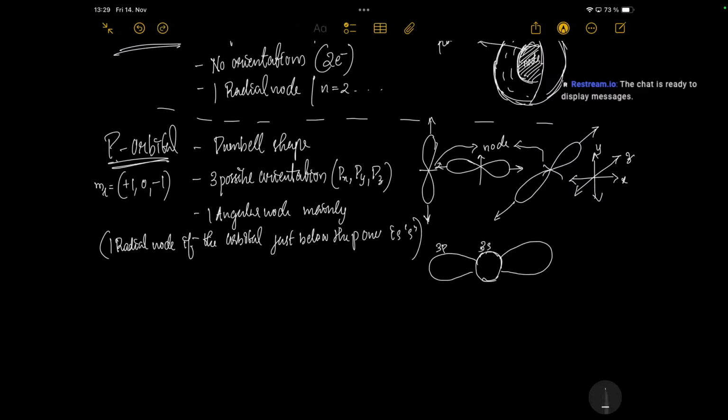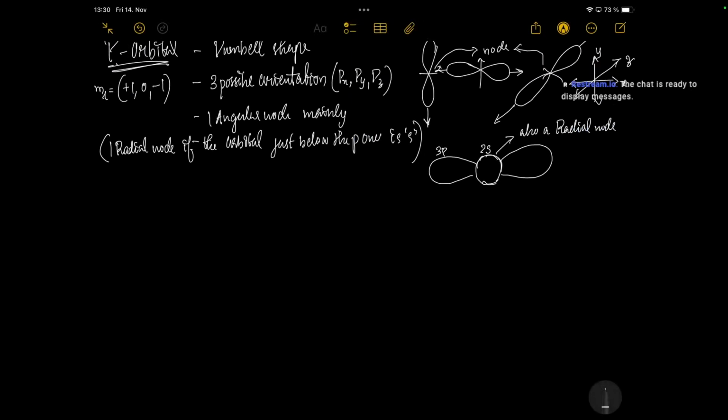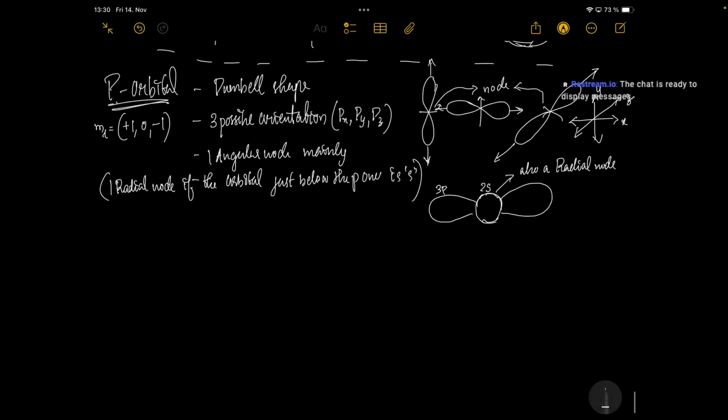No, 2s, I believe that's 2s. Oh, Apple Pencil 5%. So that's basically the p orbital.